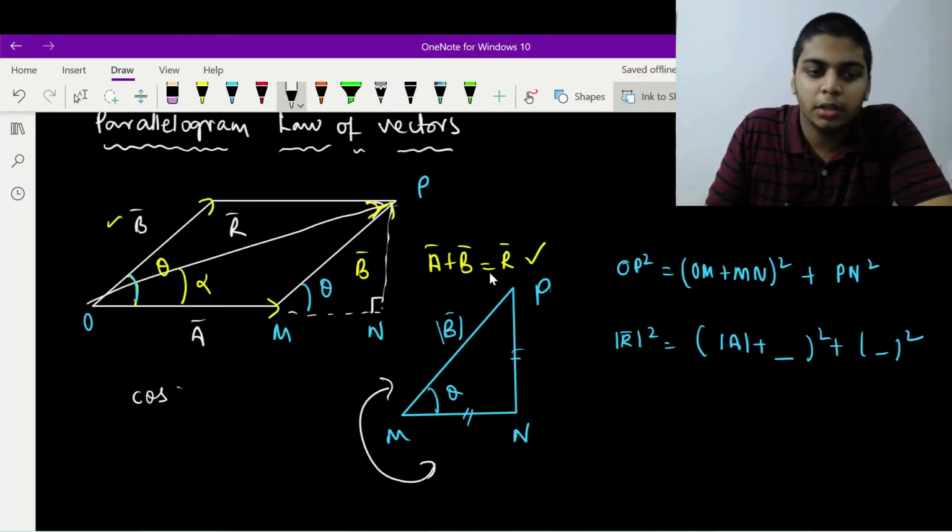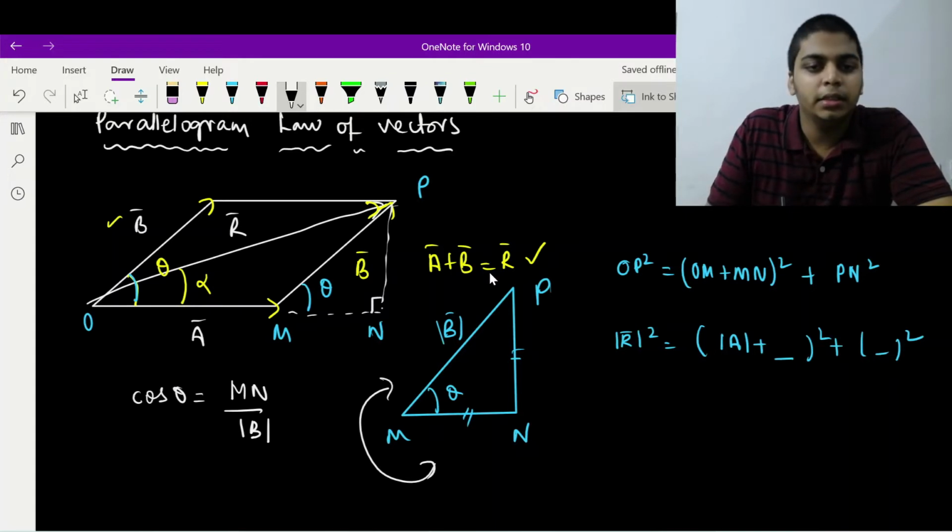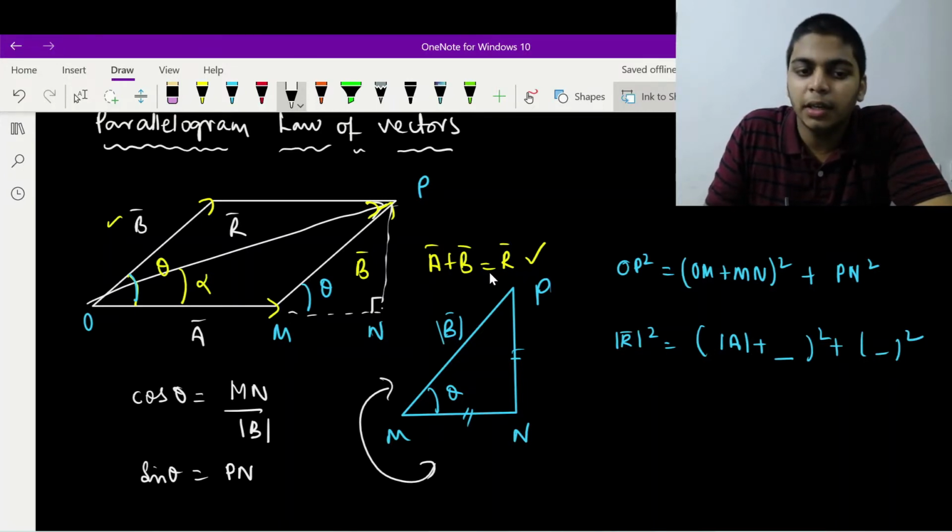So your cos theta is nothing but MN by mod B, adjacent side by hypotenuse, and your sin theta is nothing but PN, opposite side by hypotenuse. The hypotenuse is mod B.